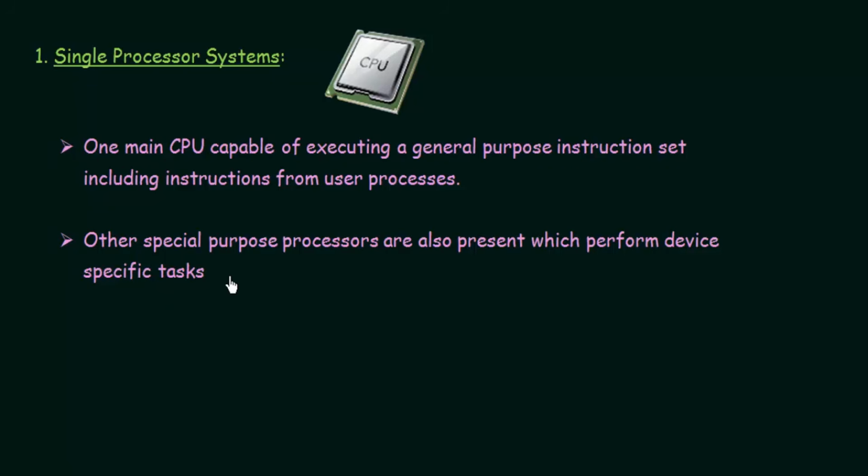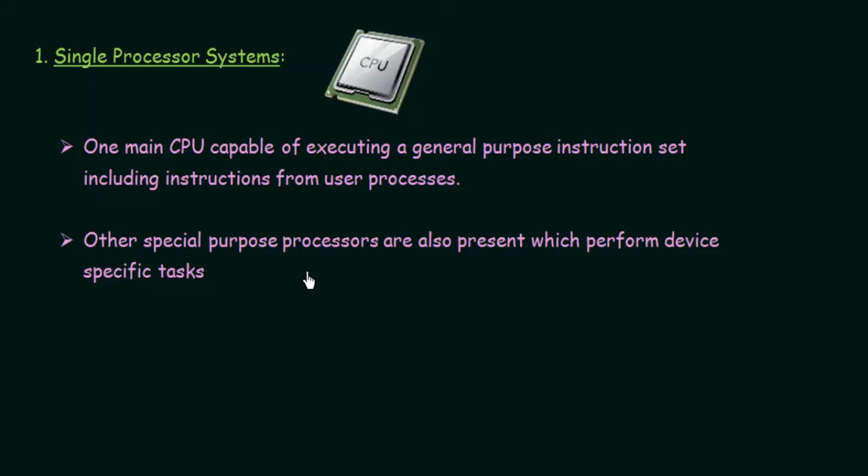When you press a key on your keyboard, the keystroke has to be converted to some kind of code, let's say a binary code, so that the computer actually understands what you have pressed or what you are typing. In order to convert that keystroke to a code, there is a little microprocessor present on your keyboard which performs only that task of converting your keystrokes to codes. Those are the special purpose processors that we are talking about.